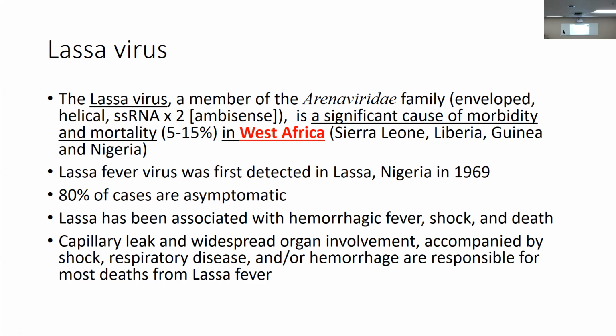Capillary leak, widespread organ involvement, accompanied by shock, respiratory disease, and hemorrhage are responsible for most of the deaths from Lassa fever, which means that you lose your ability to clot. So you're getting bleeding in places. You're a coag specialist now, all right?